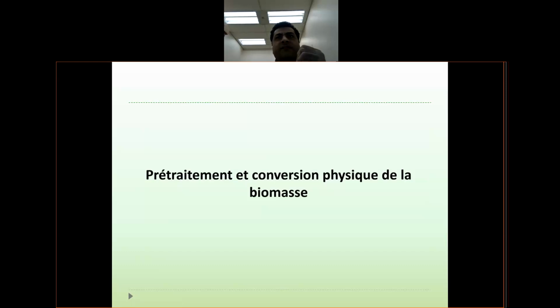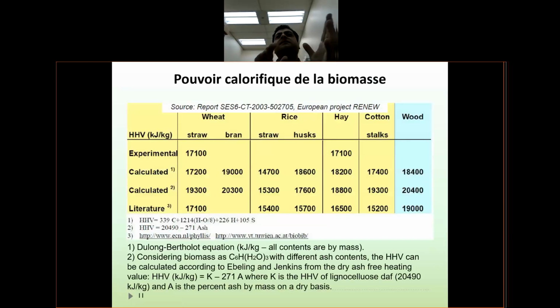Okay, now let's talk about physical pre-treatment and conversion of biomass. The very first physical property of biomass that we are going to discuss is the heating value of biomass. In French, we say pouvoir calorifique, heating value of biomass.